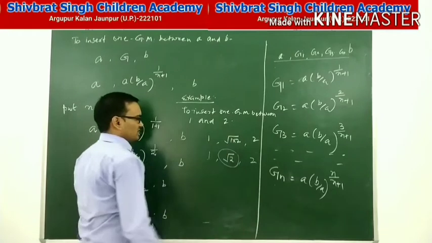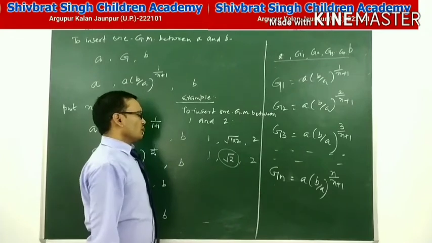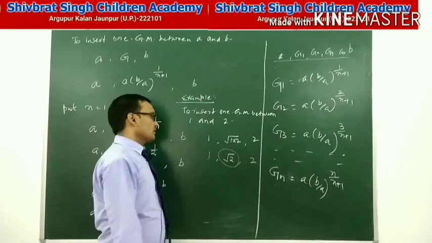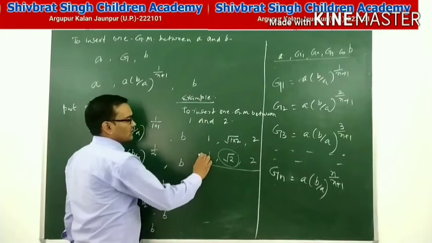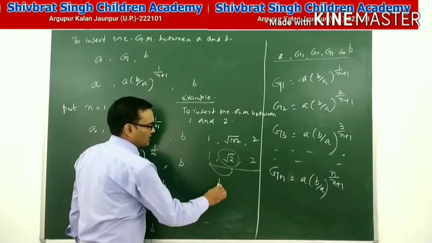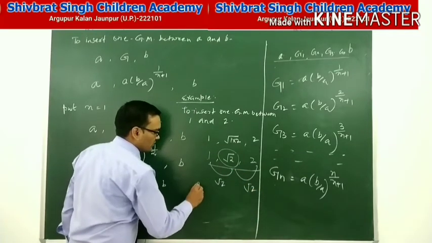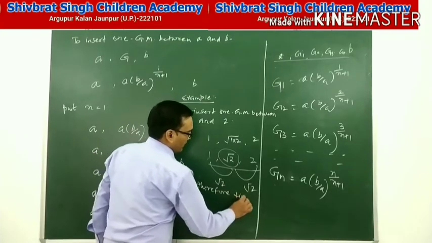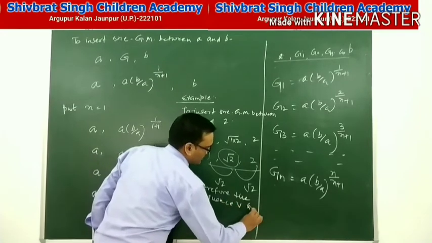Square root 2 is the geometric mean between 1 and 2. We check this; we find whether this is a GP. You check whether this sequence is a GP or not. We find the value of r is square root 2. Therefore, the above sequence is a GP.